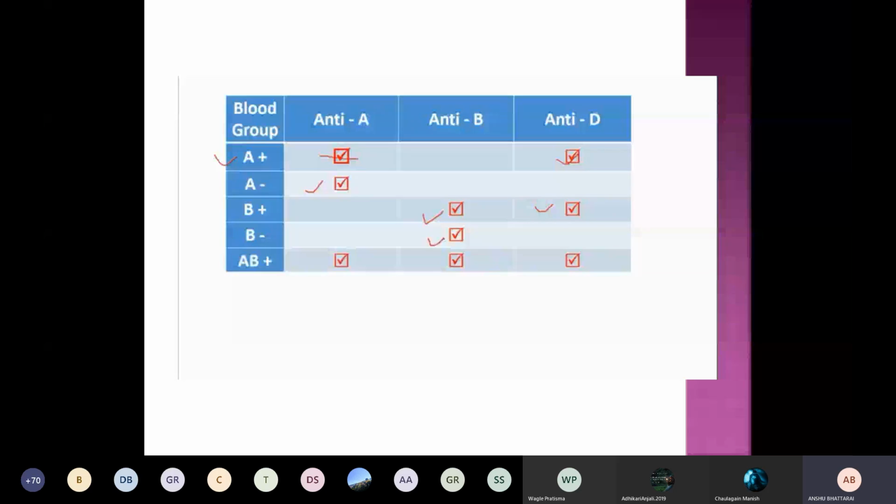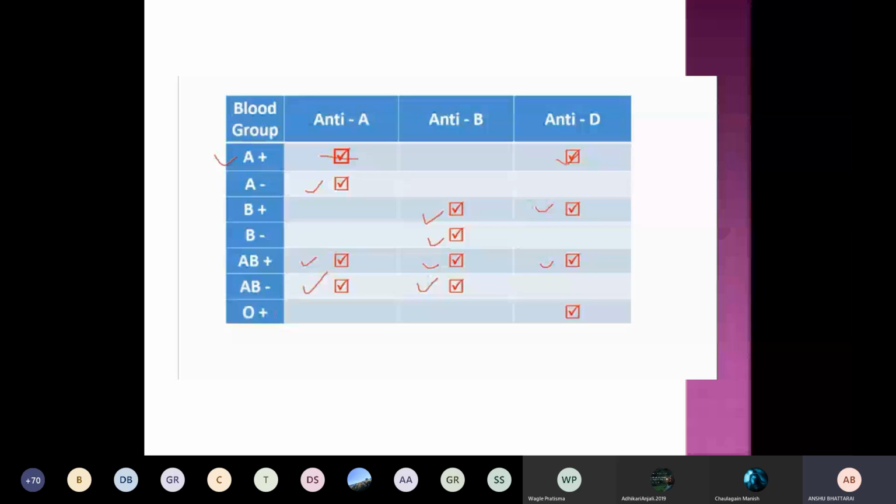In persons of AB positive blood group, as we saw in my previous slide, we will find agglutination in all three antisera solutions. That means antisera A, antisera B and antisera D. In persons of AB negative blood group, we will find agglutination in antisera A solution and antisera B solution.